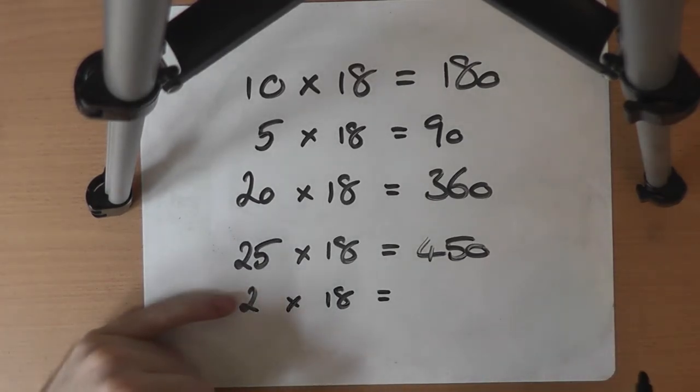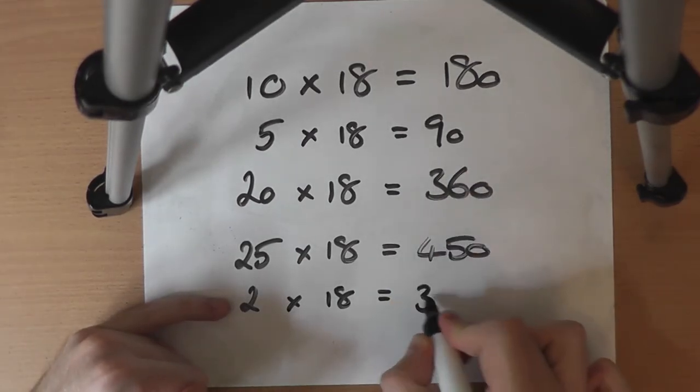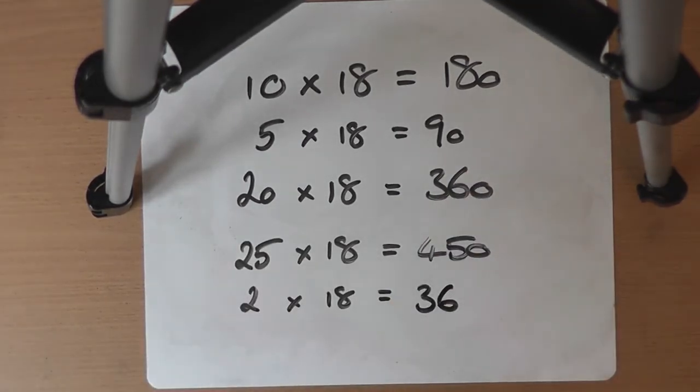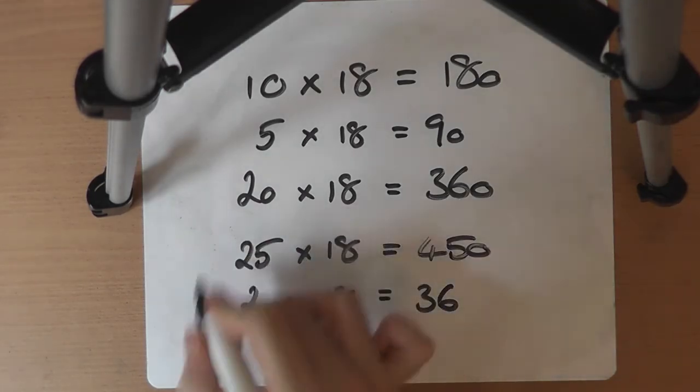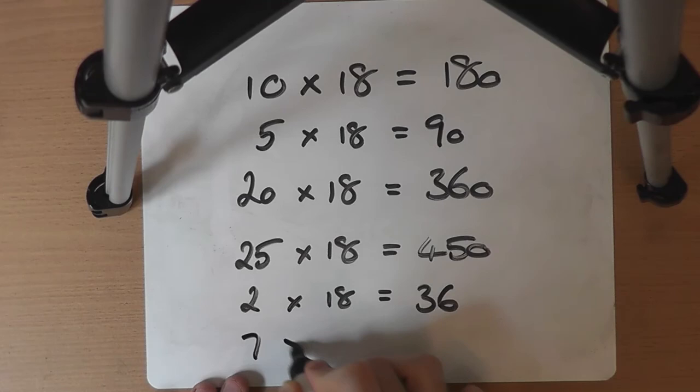So the answer here will be 10 times smaller, and 10 times smaller than this will be 36. The 360 will shift down the columns. Alternatively, 2 times 18, we could just do an 18 plus an 18 and work out 36 that way. Either is fine. But we can start to put these together, because maybe we want 7 times 18.